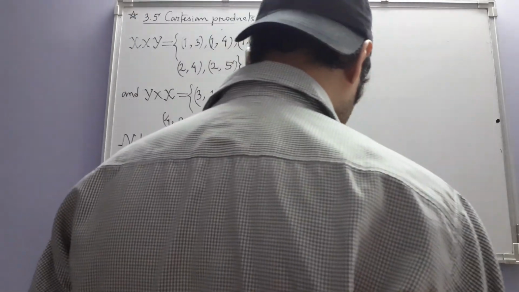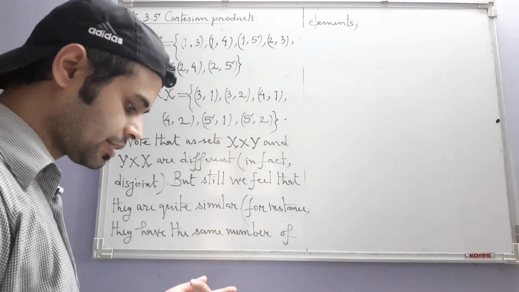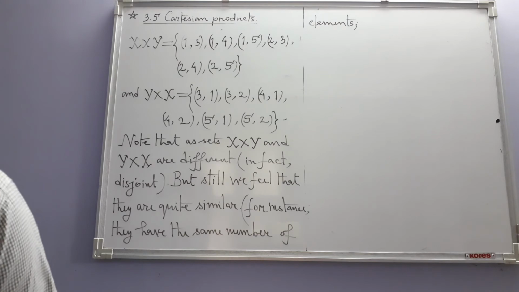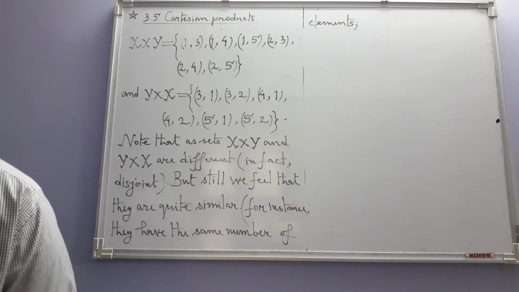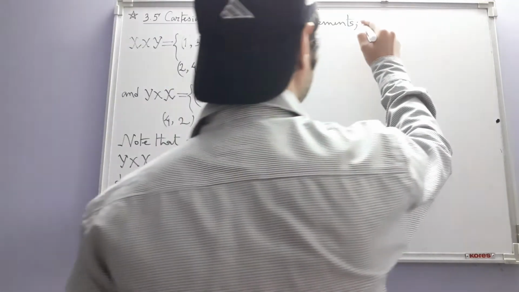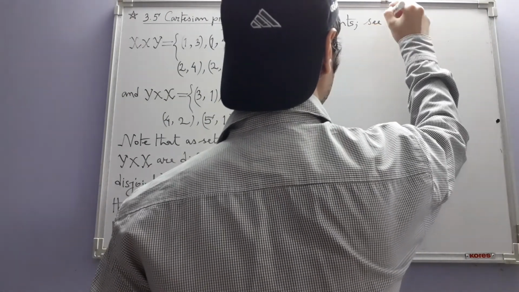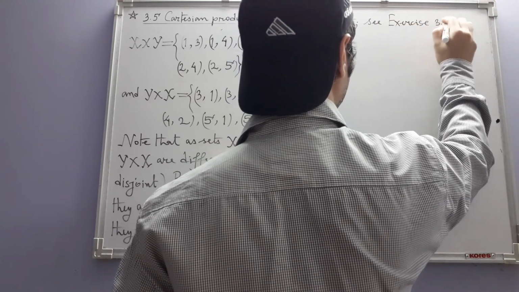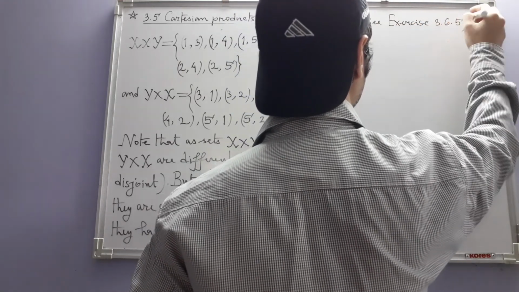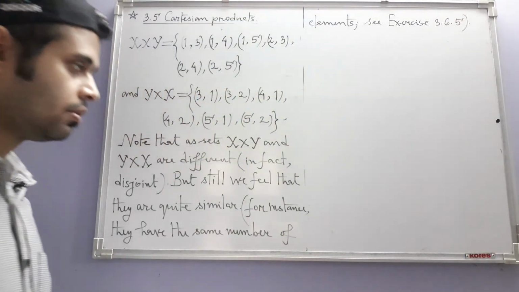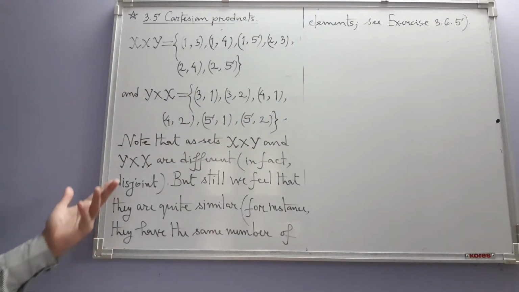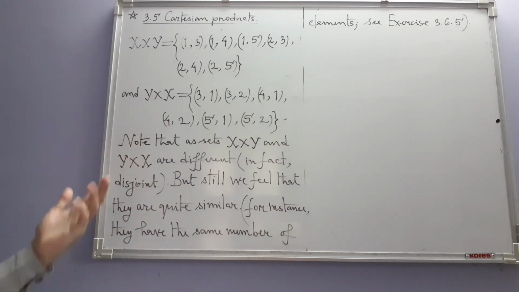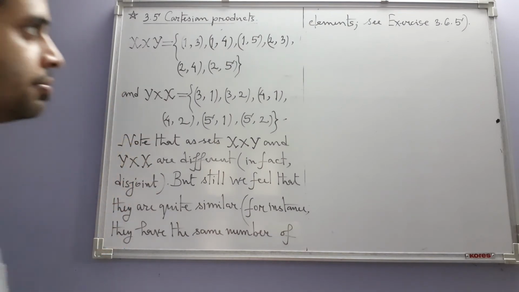And this in fact will be proved in the next section, specifically in the fifth exercise of the next section. Okay, so Cartesian products can be formed in both the ways, and they are not necessarily the same set. In fact, in most of the cases they are different.